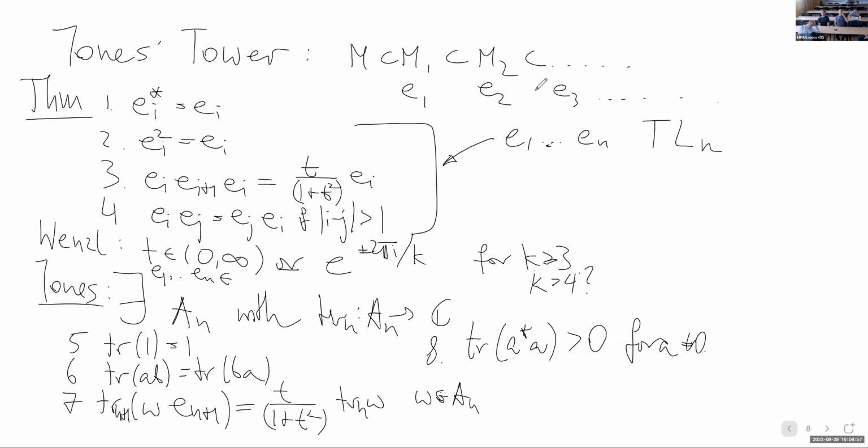Sorry, Adam, there's a question from Zoom. In Wenzl's theorem, is it from 4 to infinity? Well, it cannot be 4, because there's a problem with the denominator. I looked at Jones's paper and he said 3, I'm pretty sure.